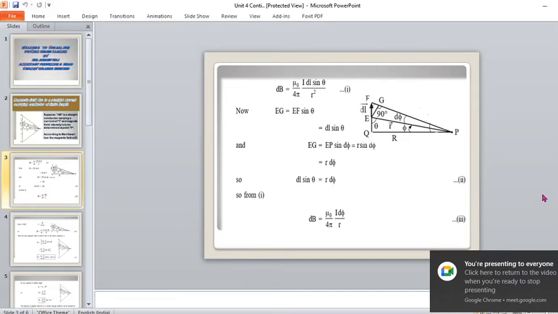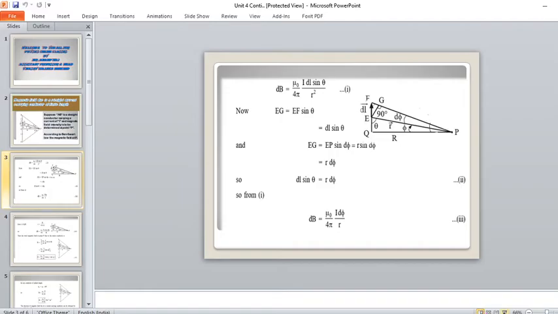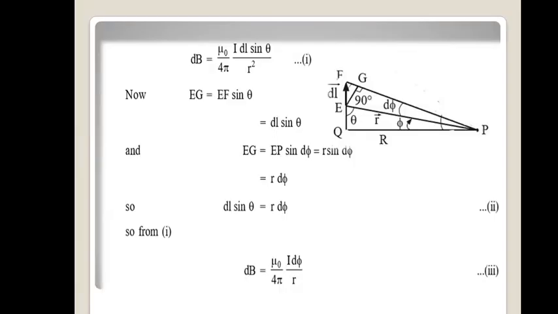Okay, so now finally, already we know the Biot-Savart's law equation, is that right? dB is equal to mu naught by 4 pi I dl sine theta by r square. Now dl sine theta is equal to r d phi, so I will substitute r d phi here. r square is there, so one r gets cancelled, and we are left with I d phi by r.